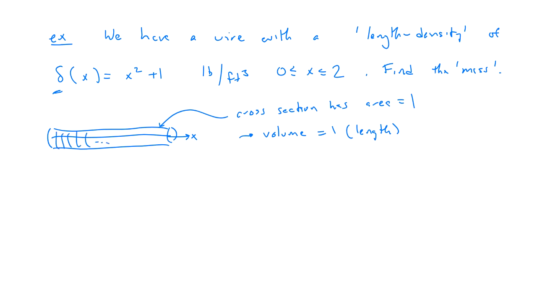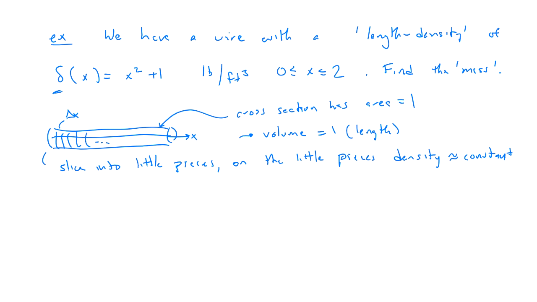We're going to slice it into lots of little pieces. And let's suppose the width is delta x. On the little pieces, the density is basically constant.